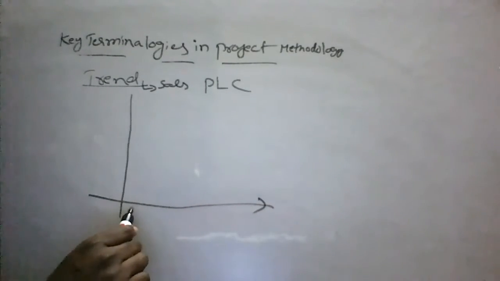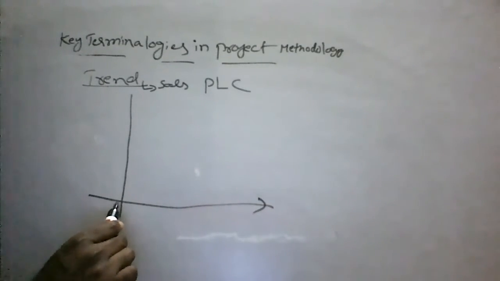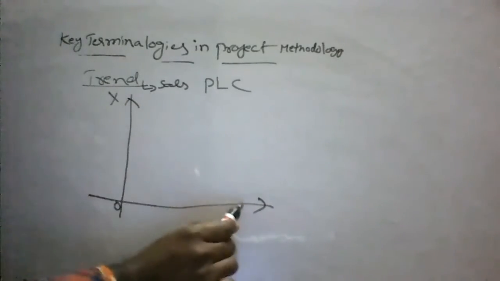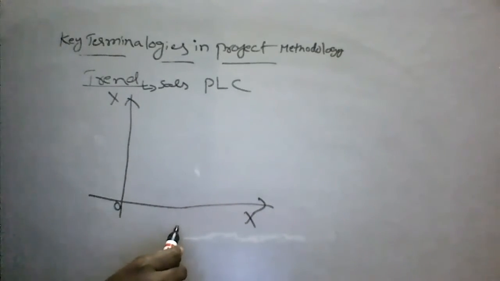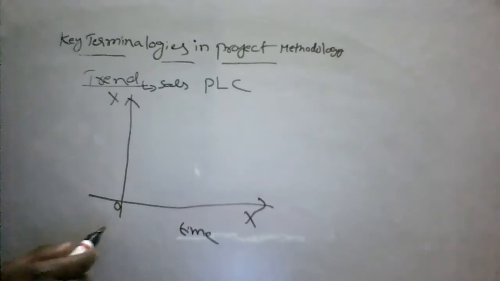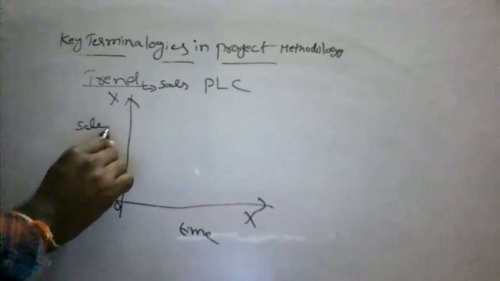On the x-axis I have taken years, starting from the origin, and this is the y-axis. The x-axis is the time, and on the y-axis I am taking the sales.